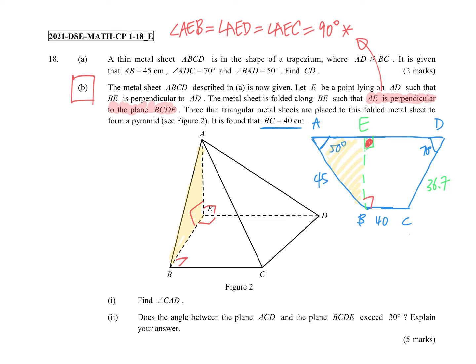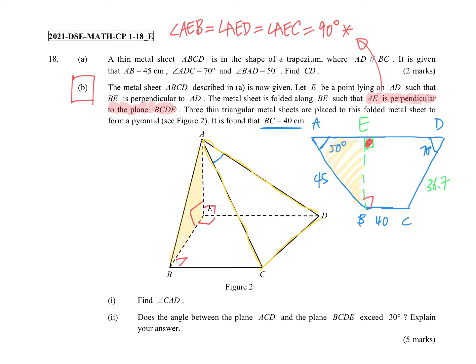Angle CAD. So we want to find this. So of course here we need to gather all the sides of this triangle. So all the sides we need to know.